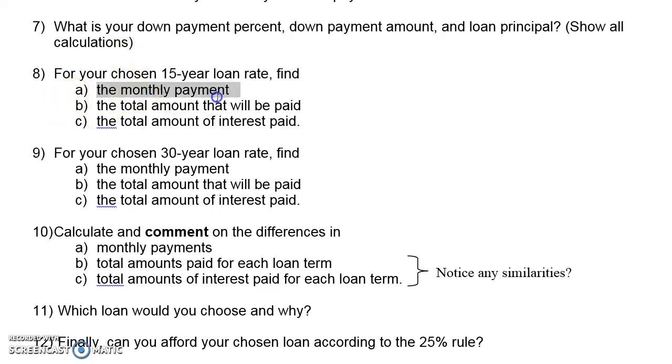Just parts 8A and 9A calculations are worth 20% of the grade on this project. So after you get 8 and 9 done, you are going to find the differences between each of the monthly payments, total amounts paid, and total amounts of interest paid by taking the higher of the two minus the lower, and make sure that you not only show your calculations but also comment on the differences.